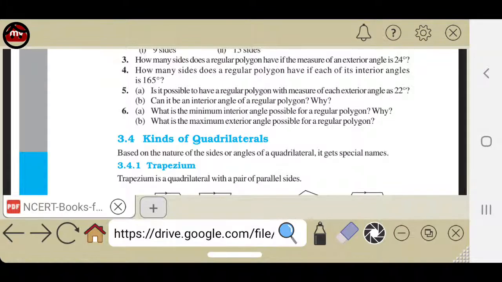Then next, what is the maximum exterior angle possible for a regular polygon? The minimum interior angle is 60.